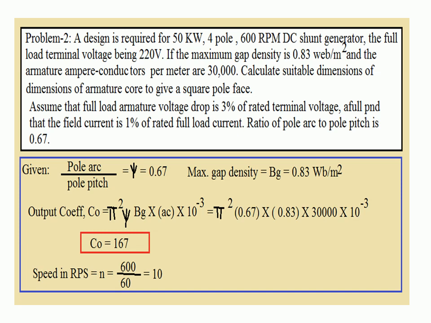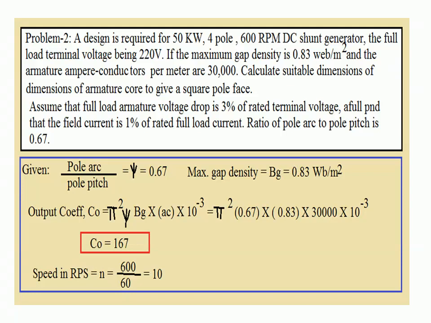It is also a DC shunt generator, different conditions are given. Again we have to use square pole face, that is pole arc by pole pitch equal to 0.67. Average flux density is not given here. Please observe, maximum gap density Bg is given, equal to 0.83 Weber per meter square.